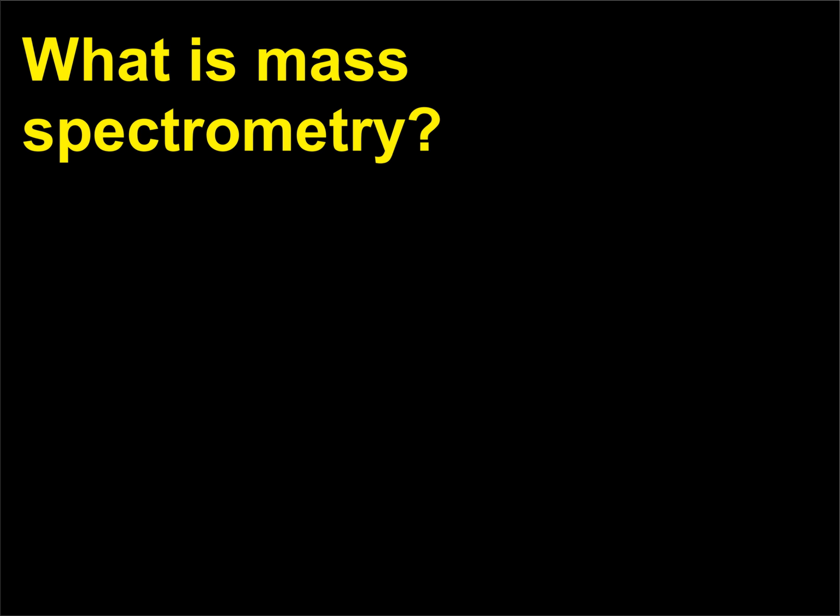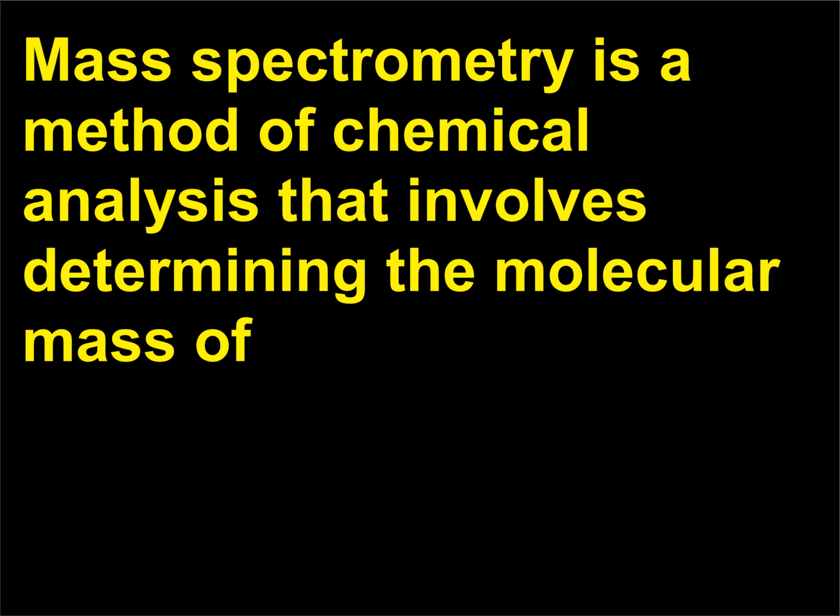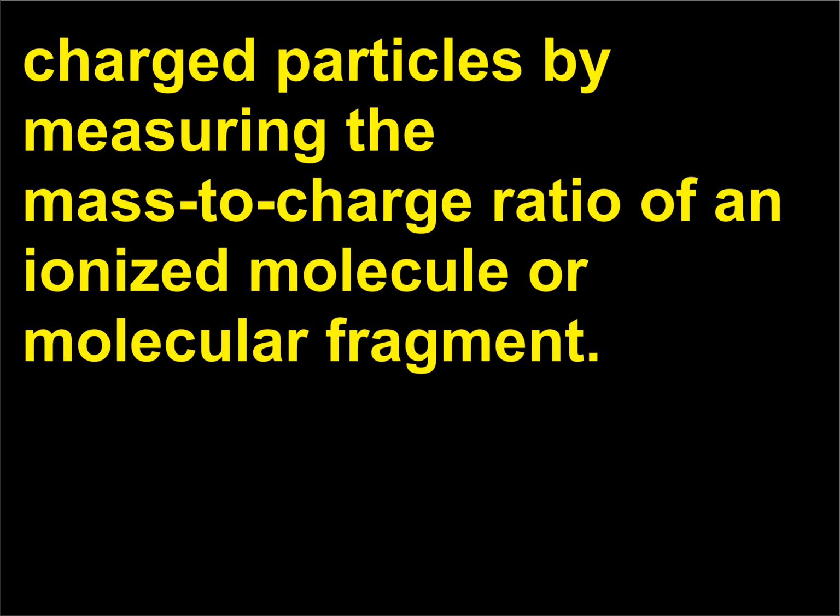What is mass spectrometry? Mass spectrometry is a method of chemical analysis that involves determining the molecular mass of charged particles by measuring the mass-to-charge ratio of an ionized molecule or molecular fragment.